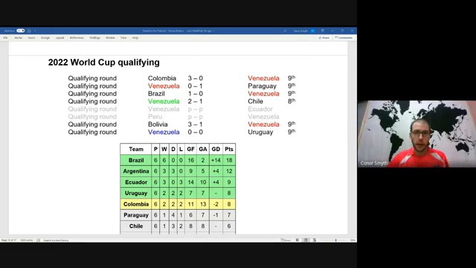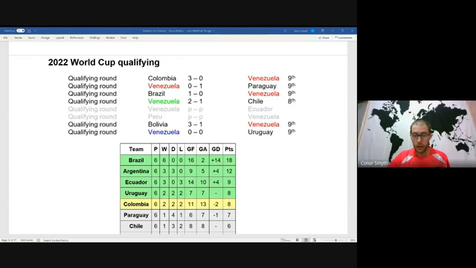Yeah, they would have loved to take their performances in those friendlies into qualifying where it matters, but they haven't quite been able to do that. They got off to a rough start, losing their first 3 games and failing to score a goal. They picked up a win against Chile following that. They then lost on the road to Bolivia before tying Uruguay at home.